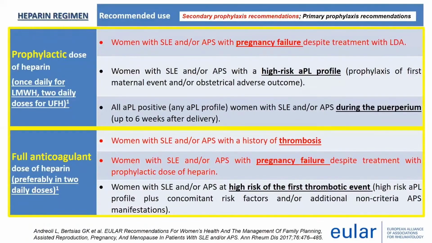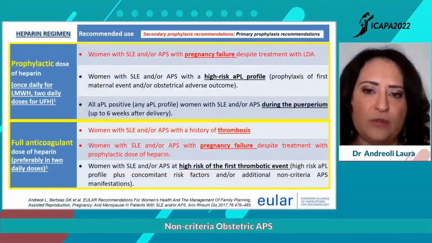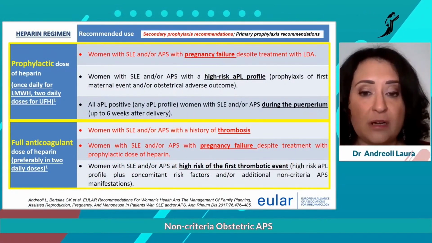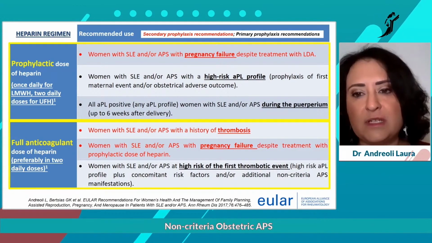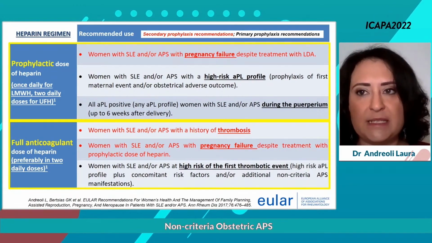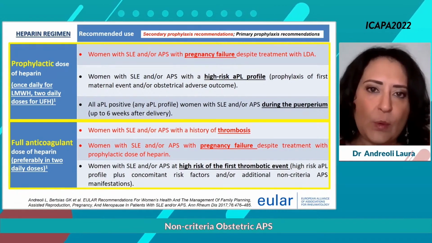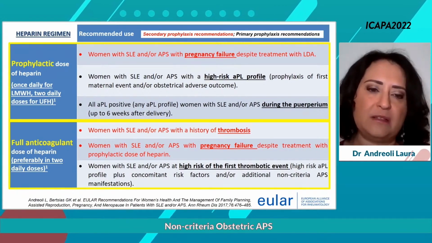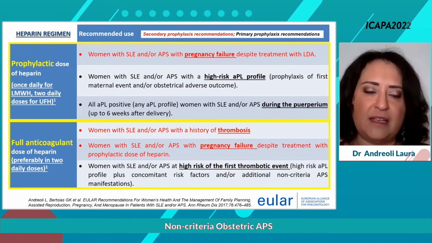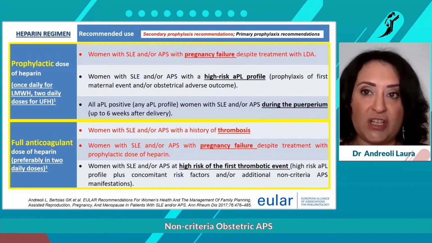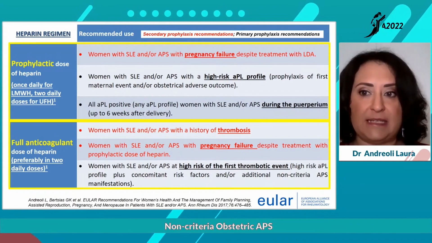This is actually quite a different approach if we look at the EULAR recommendations issued in 2017. Here, of course, these recommendations were based on expert opinions, but at the time it was quite a breakthrough to propose not only statements regarding the secondary prophylaxis of pregnant patients, but also primary prophylaxis.